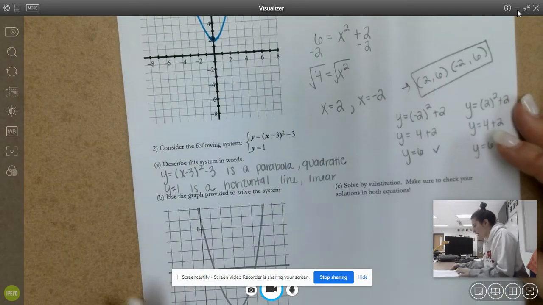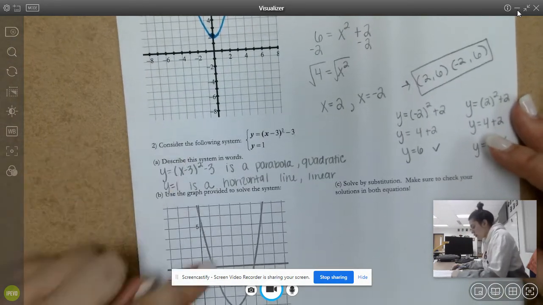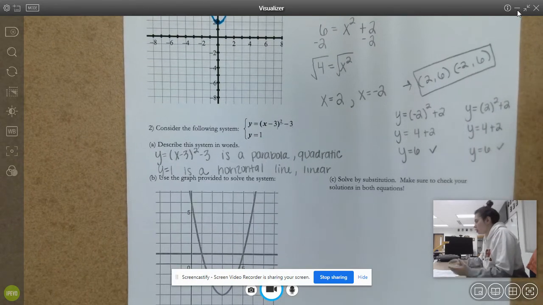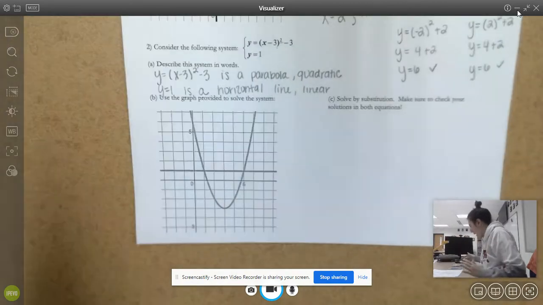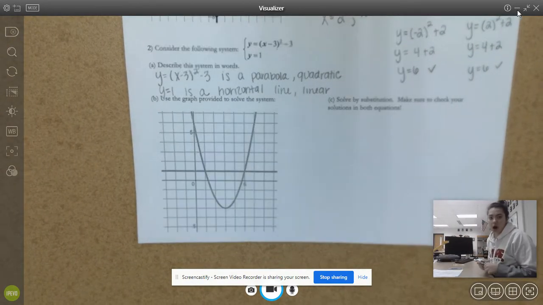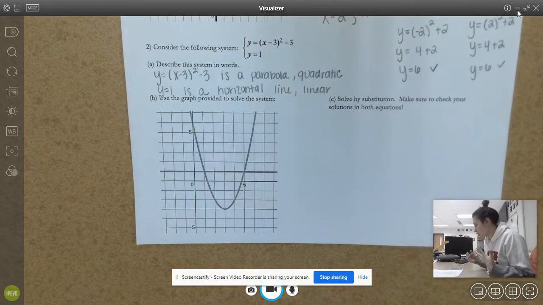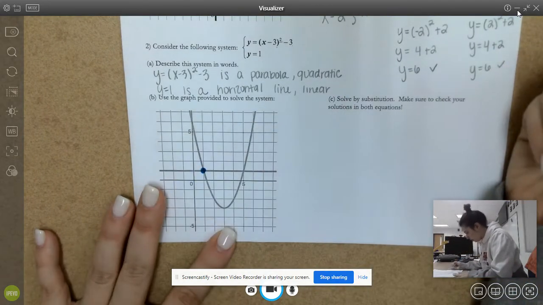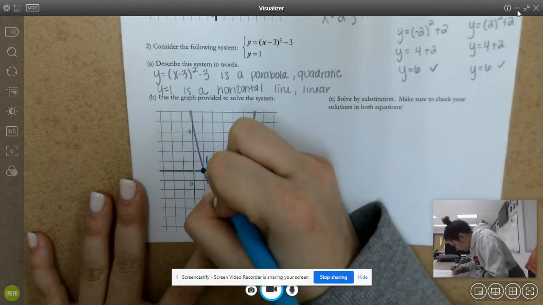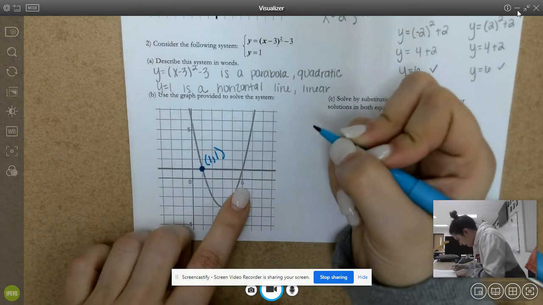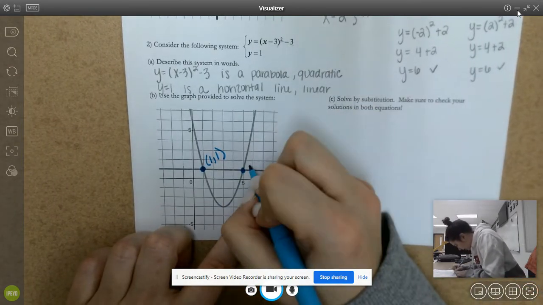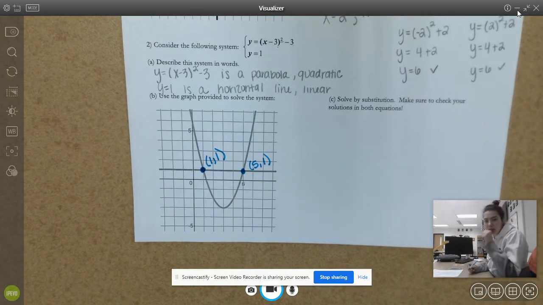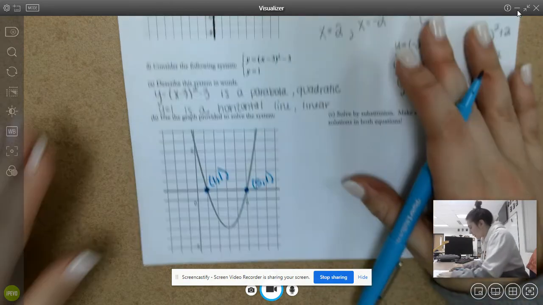Okay, so if we take a look down below, the graph is already provided to us, which is awesome. A few things that we want to point out: one, where are our solutions? Where do they intersect? If we take a look, they intersect right here at the point (1, 1). And they also intersect right here at the point (5, 1). Now, hopefully we begin to notice a trend.